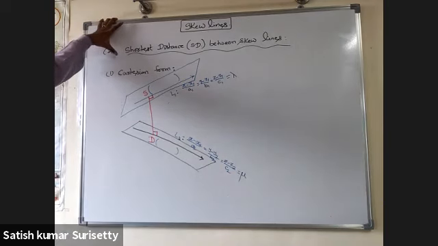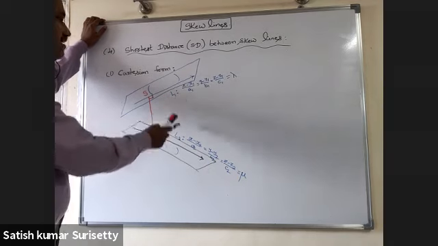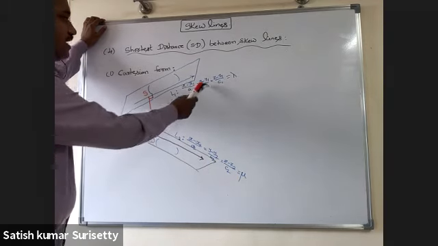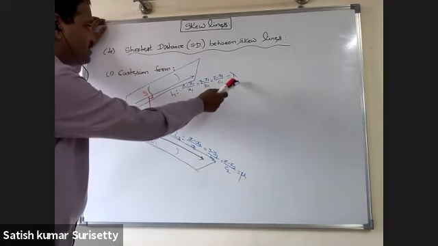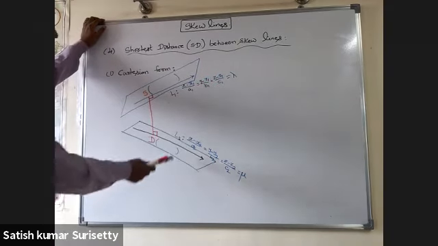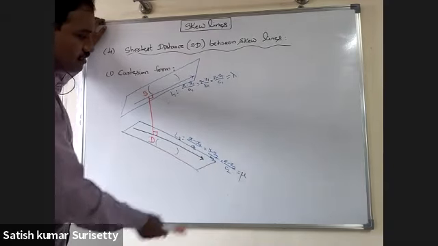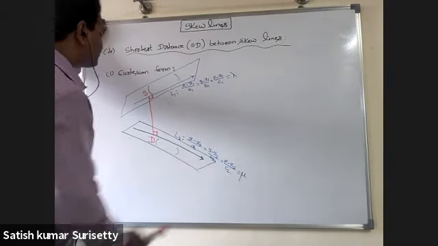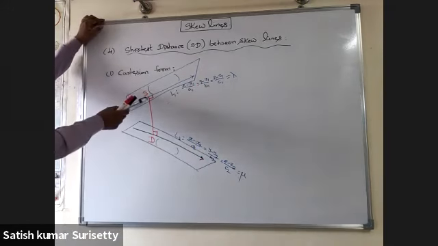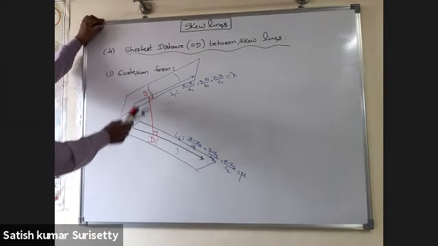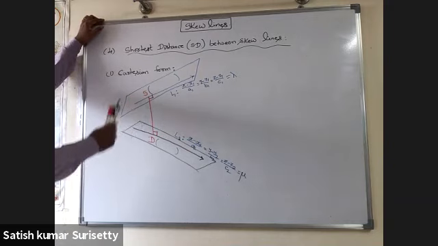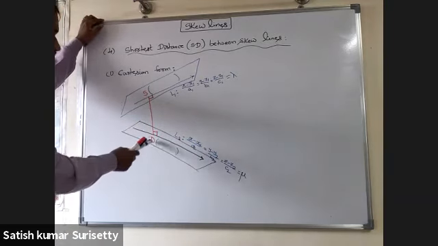Now, in the Cartesian form, let us consider the skew lines as L1: (x minus x1) upon a1 equals (y minus y1) upon b1 equals (z minus z1) upon c1, and another line L2 as (x minus x2) upon a2 equals (y minus y2) upon b2 equals (z minus z2) upon c2. Here SD is the line of shortest distance.